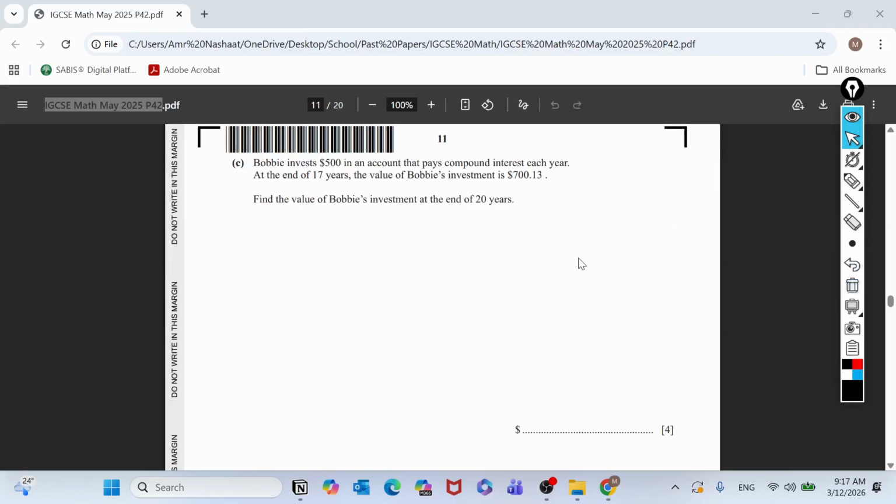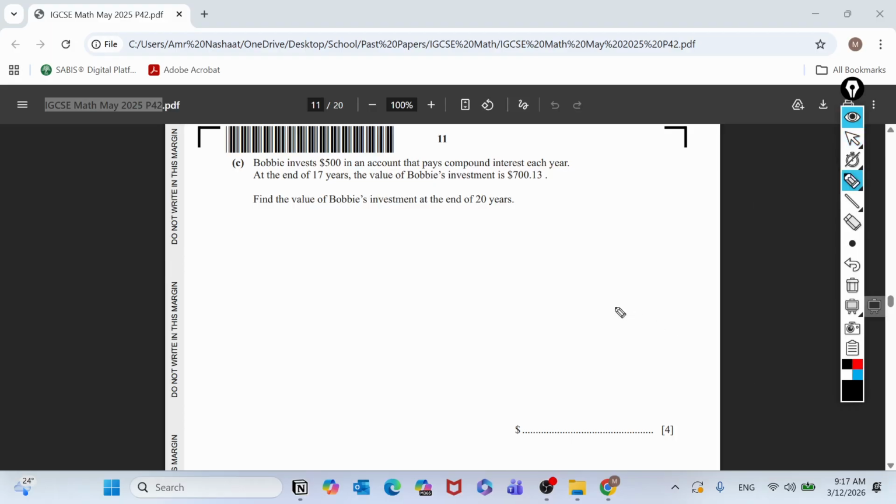Bobby invests $500 in an account that pays compound interest each year. At the end of 17 years, the value of Bobby's investment is 700. Find the value of Bobby's investment at the end of 20 years. For 20 years? A lot of years.